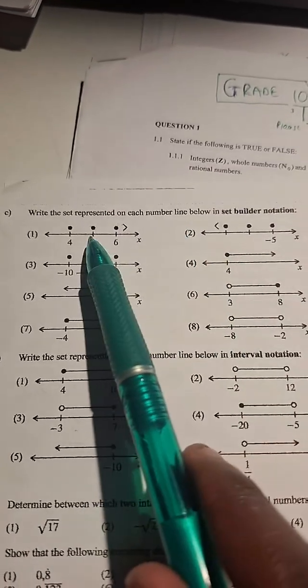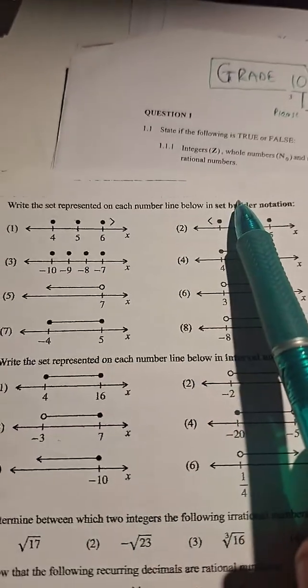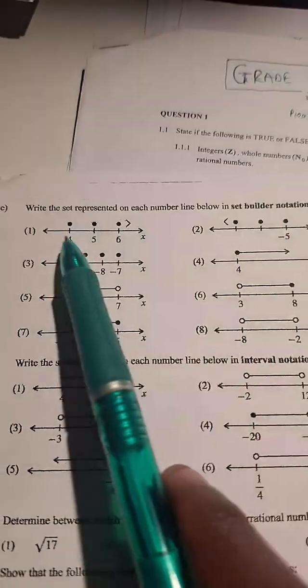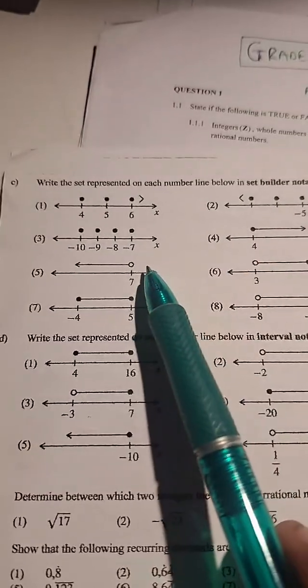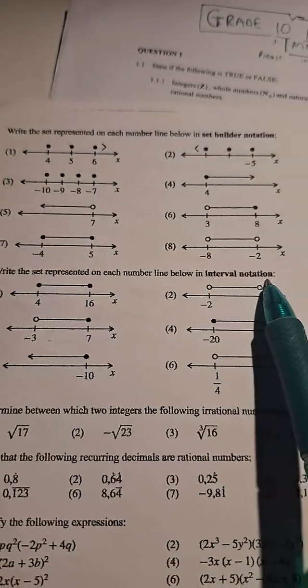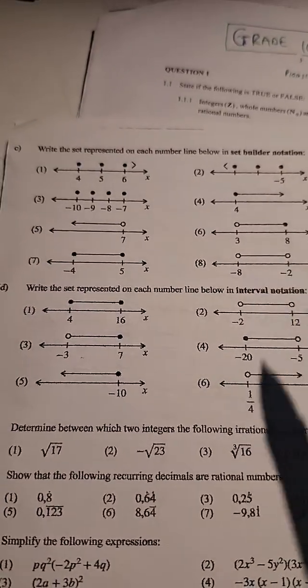Also, you need to know how to write this into set builder notation. Represent this in set builder. Represent that in set builder. Or vice versa. Represent that in interval notation. Okay, and vice versa. Very important to know these things.